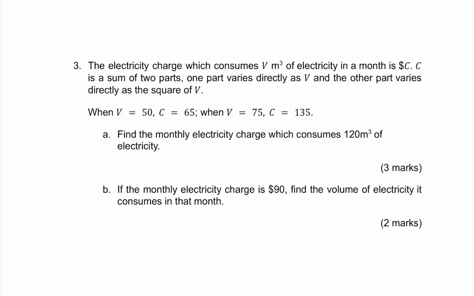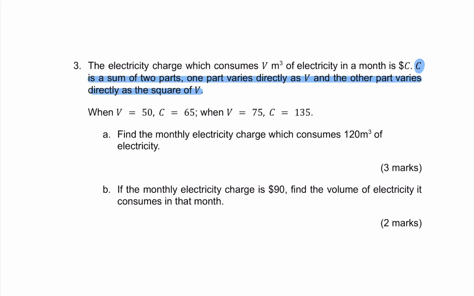Okay, let's continue. So here V and C are there, and that C is a sum of two parts, and one part is this and one part is that, so many words. So it could be any kinds of charges. It's not necessarily electricity, right? It could be something else next time.